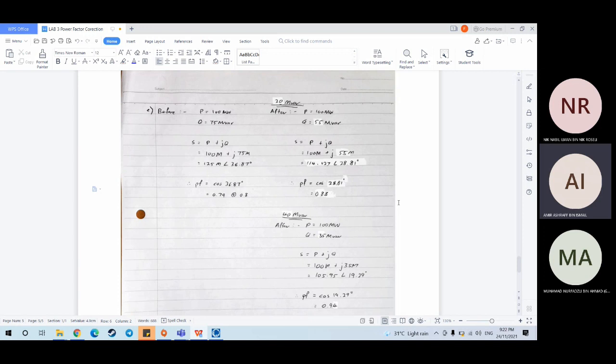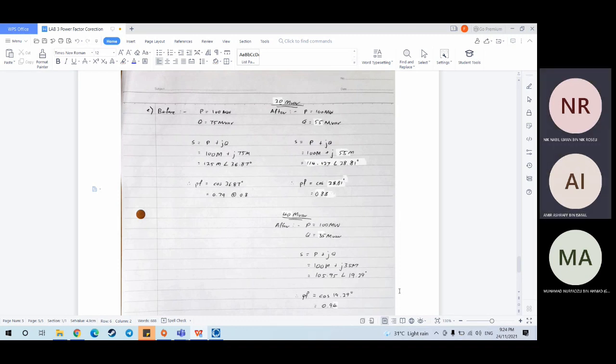So the answer will be 125 mega, and the angle will be 36.87 degrees. Next, the power factor is cos 36.87, so the value will be 0.8.